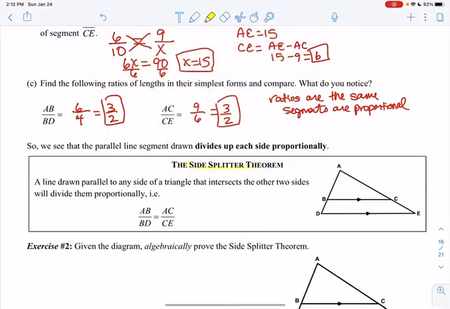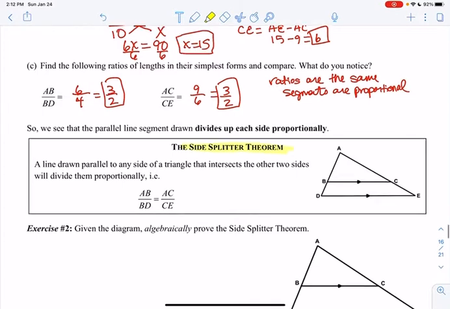It says a line drawn to any side of a triangle that intersects the other two sides will divide them proportionally. So basically AB is the top left, BD is the bottom left. That's equal to AC, which is the top right, over CE, which is the bottom right. So you don't have to use the whole entire side.